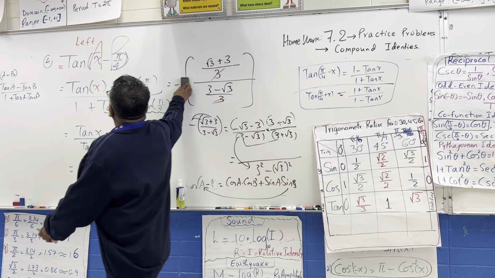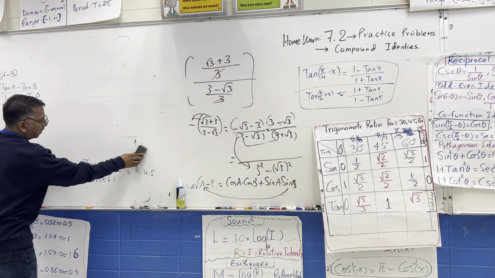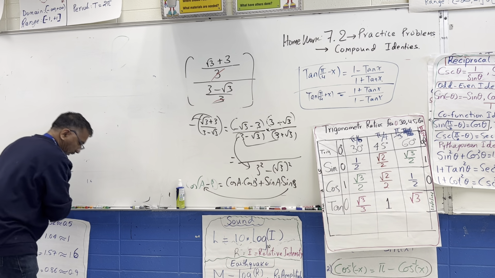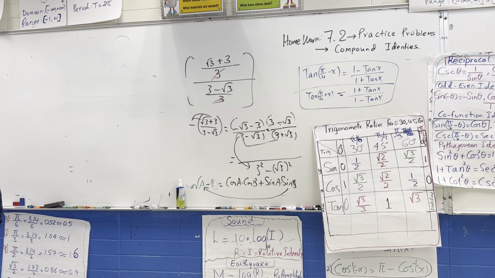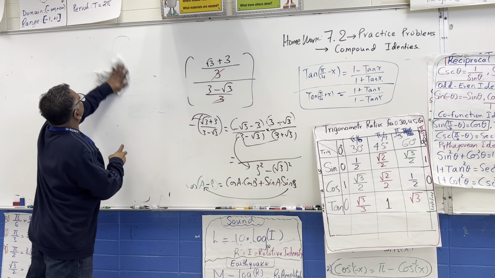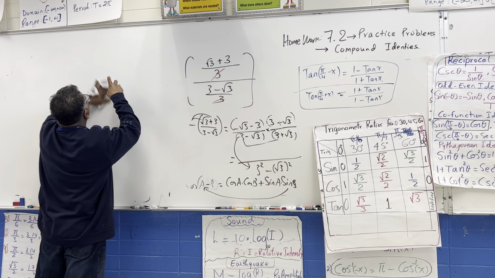Let's turn the page, let's do it faster. Now that we got a hang of it, why don't we do it quickly? Jasmine, what's the next question? So you have to prove the identity. What is the left side?